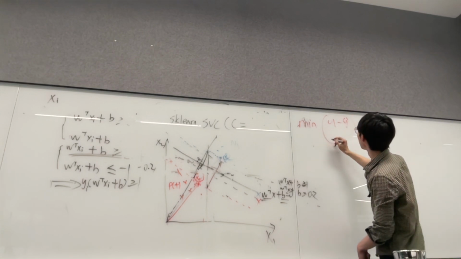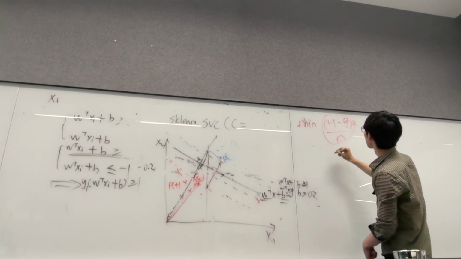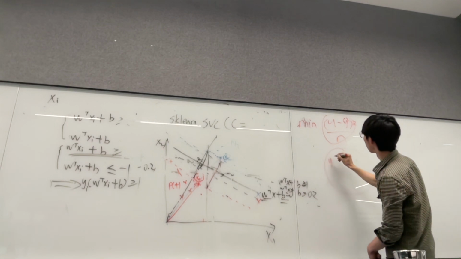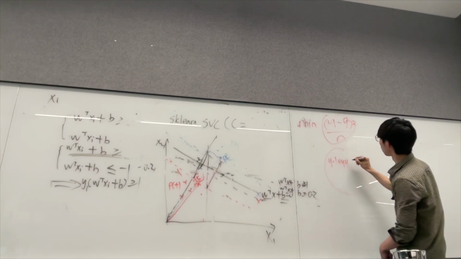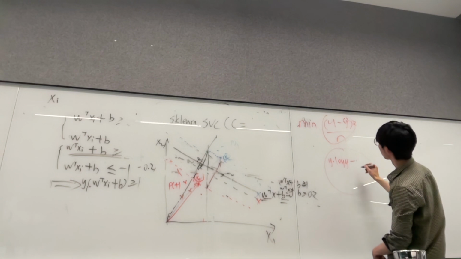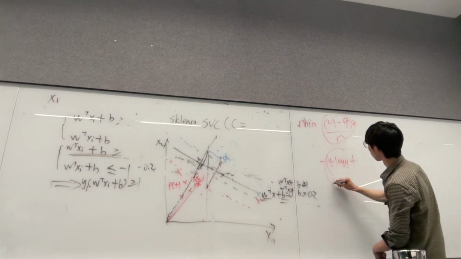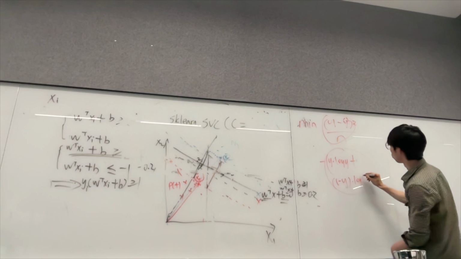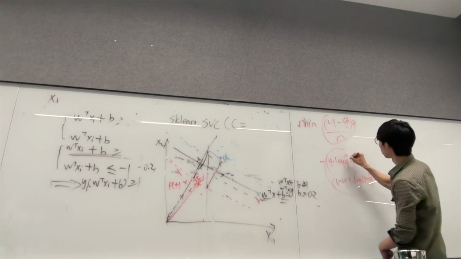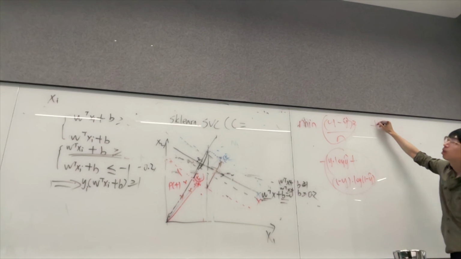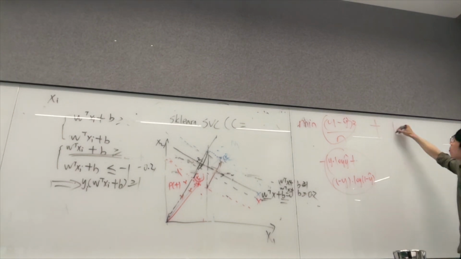For classification, logistic regression, we have the log loss, y log y hat plus (1 minus y) log (1 minus y hat). So what's L1? We have the absolute value of beta here.